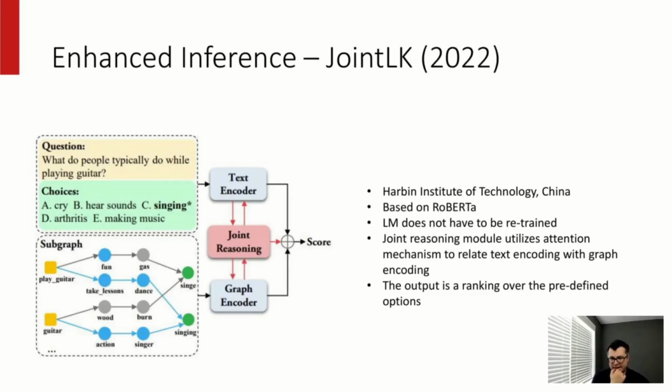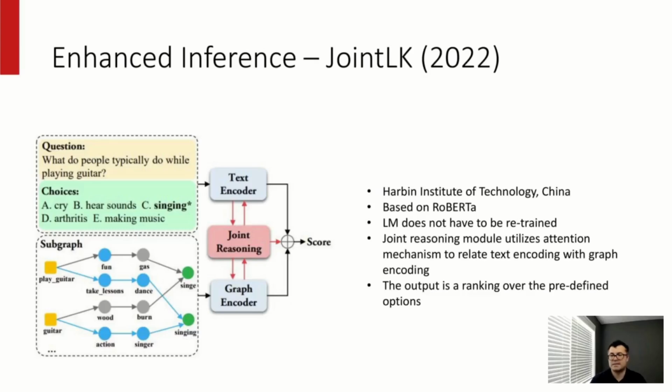Example number 3. This one is called JointLK, also 2022. And we'll see there's a recurring theme. We're getting back to BERT, which I hope now makes sense of us talking about it, but this is based on RoBERTa, a variant of BERT.